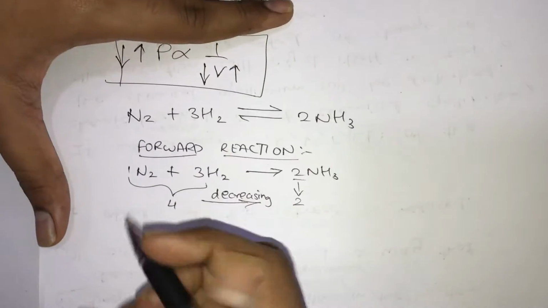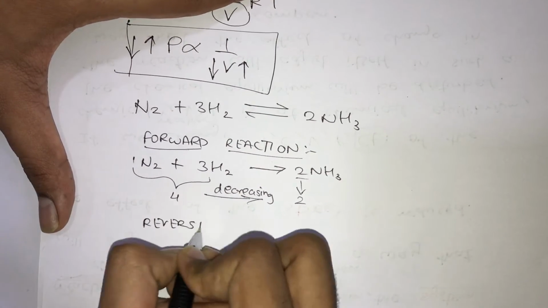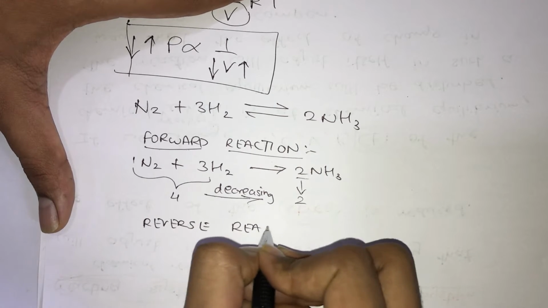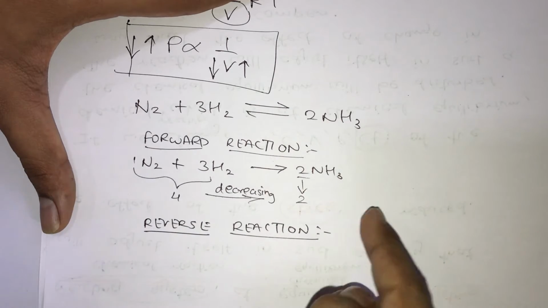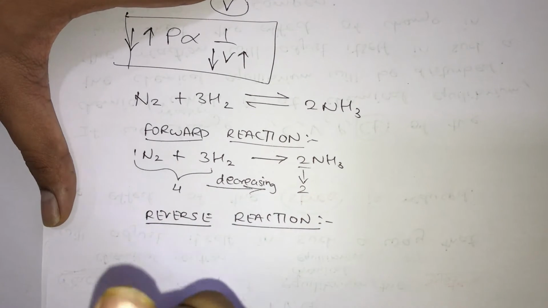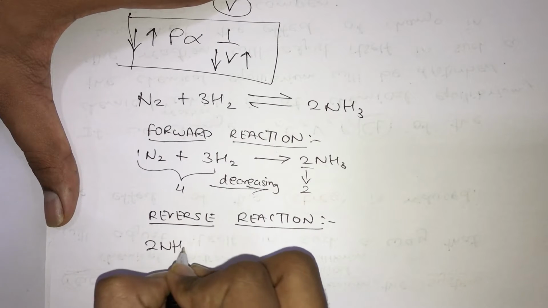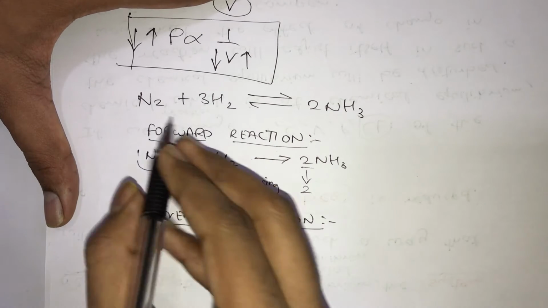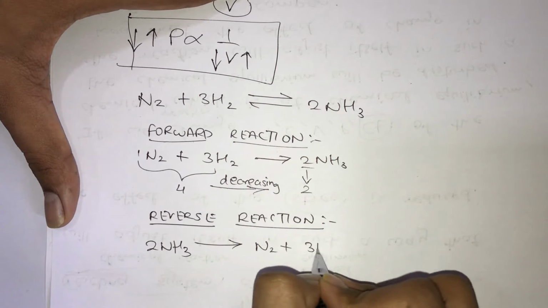Similarly, if you write the reverse reaction, let's see what is going to happen in a reverse reaction. And what is a reverse reaction? A reverse reaction is nothing but a reaction in which the products turn into reactants back. So 2NH3 will turn into the reactants N2 and 3H2.